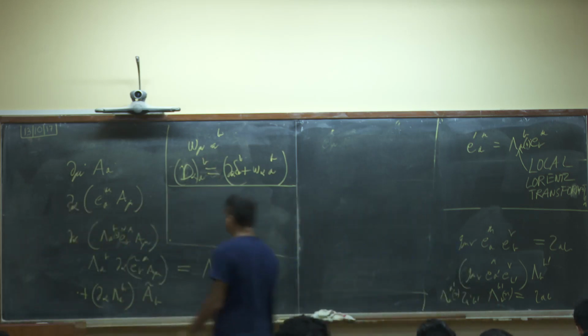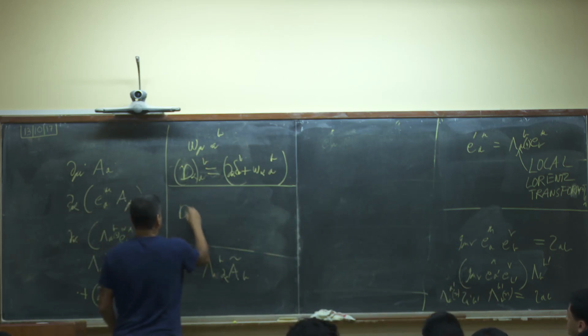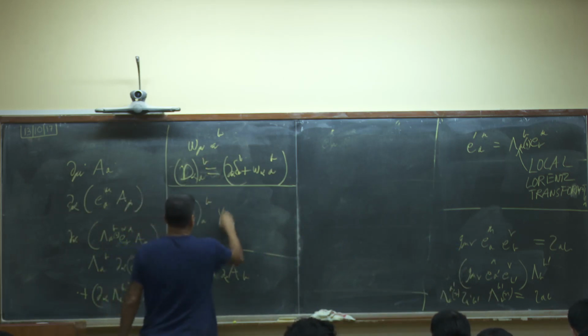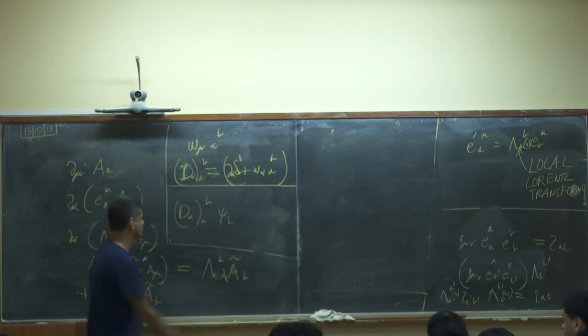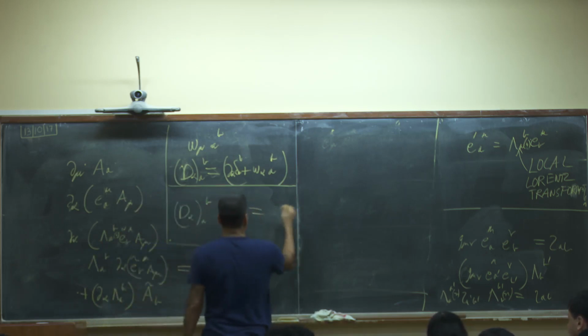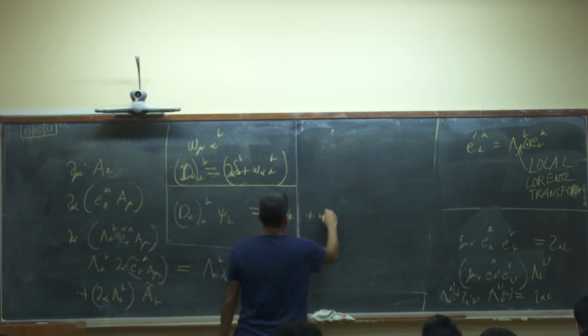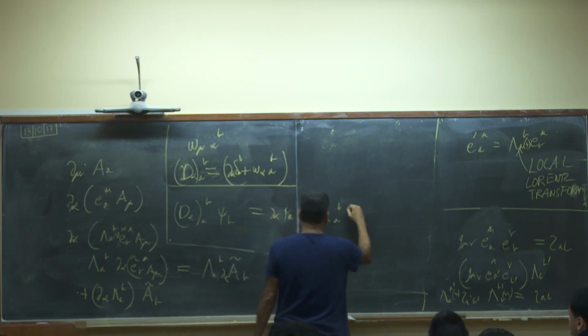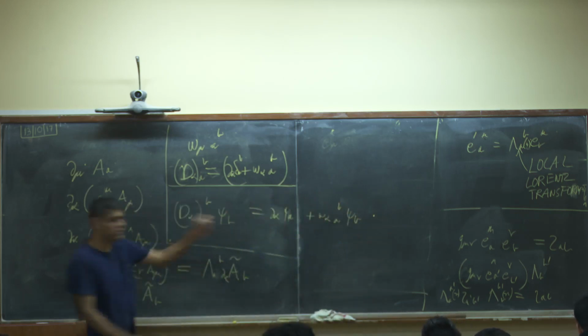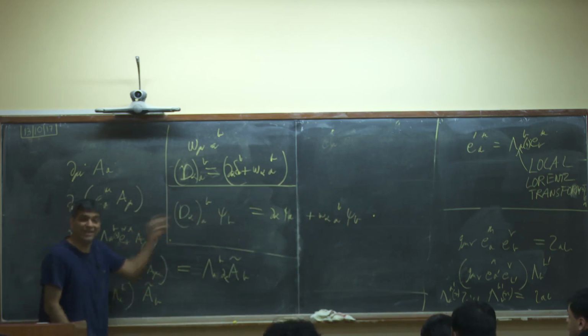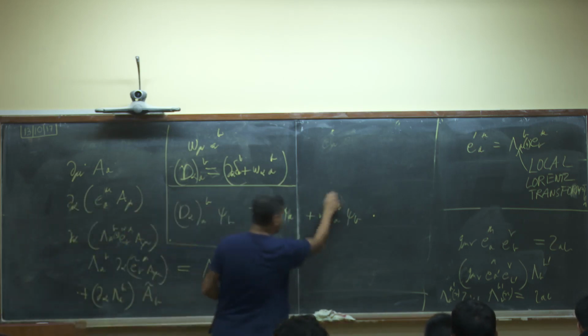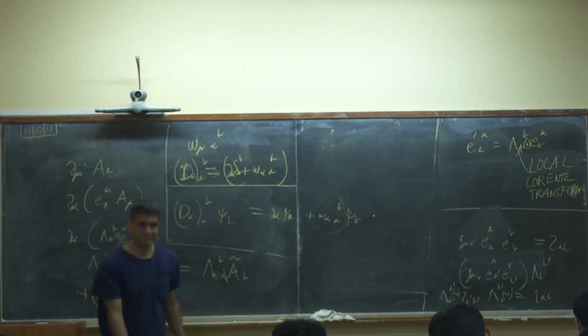Okay, so we want to define d alpha AB acting on psi B, and that is defined by this: del alpha psi A plus omega alpha AB psi B. This is our definition of this covariant derivative in terms of this as yet unspecified object.